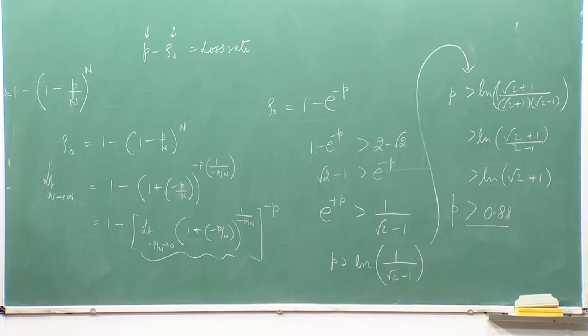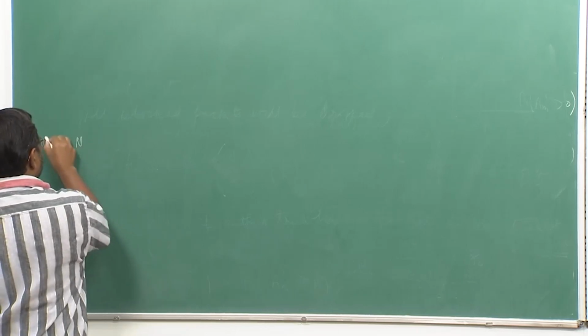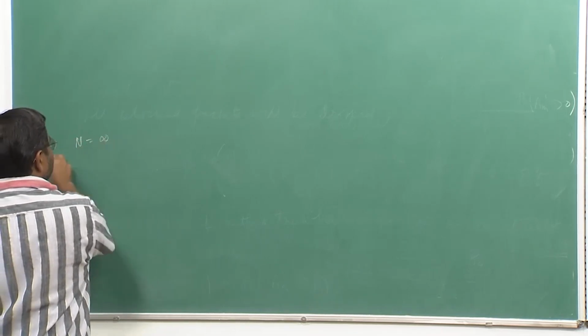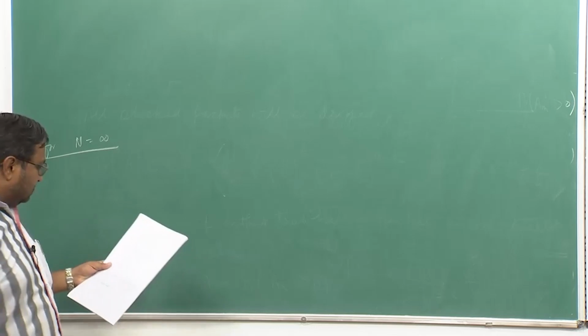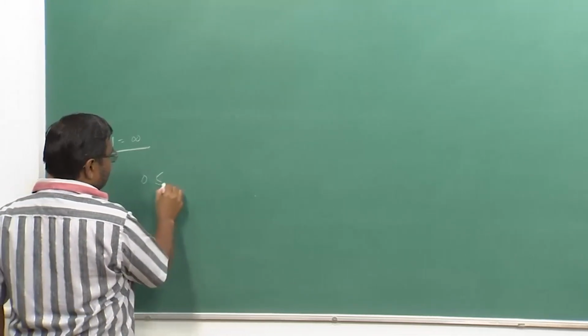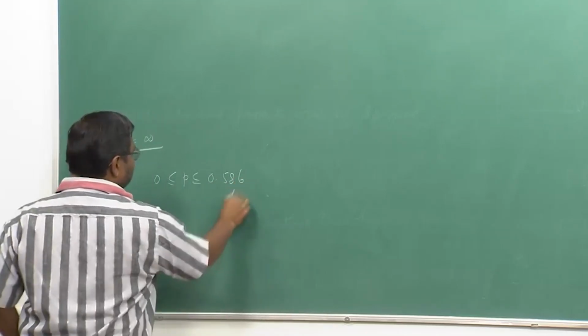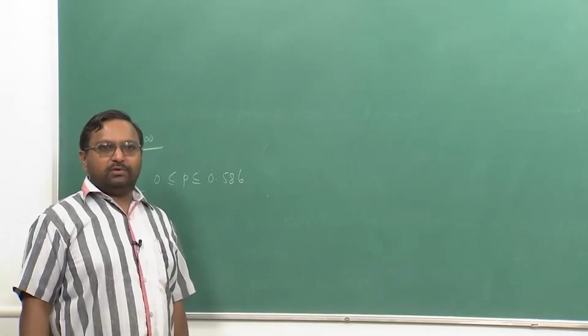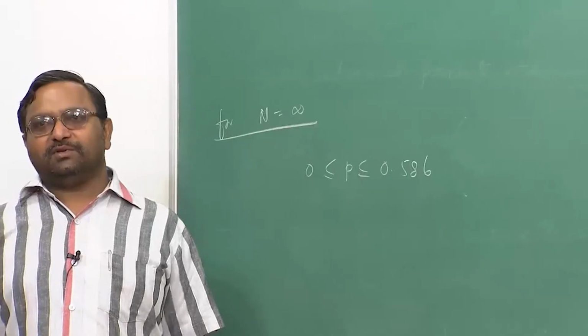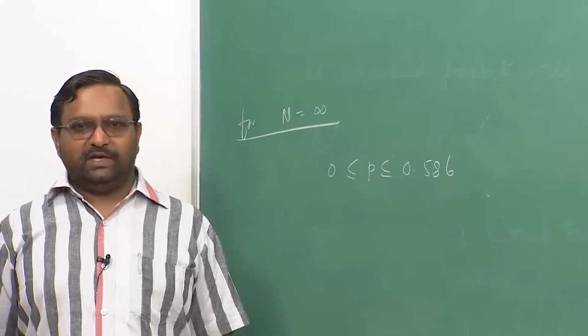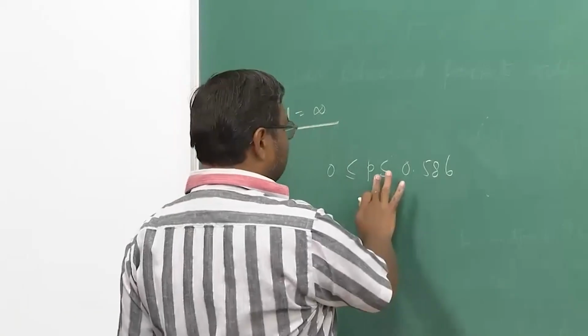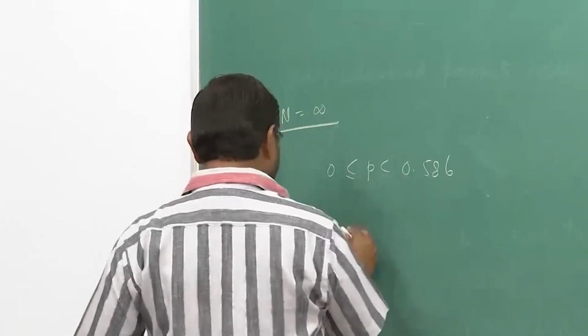So, let me now put it down. This is only for n equal to infinity, remember. When your probability P is 0.586, the switch is not operating in saturation. It will just reach saturation; this is operating normally.